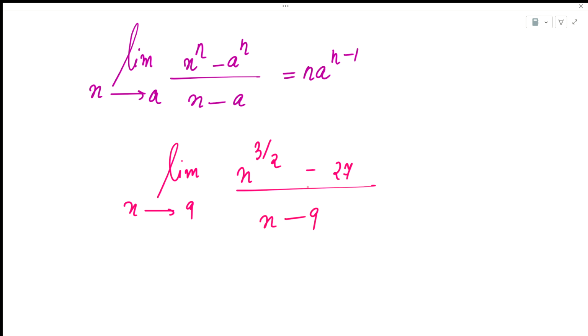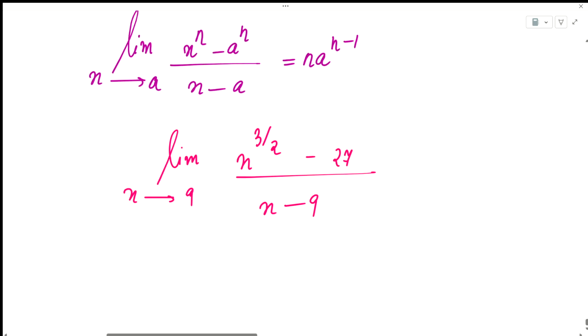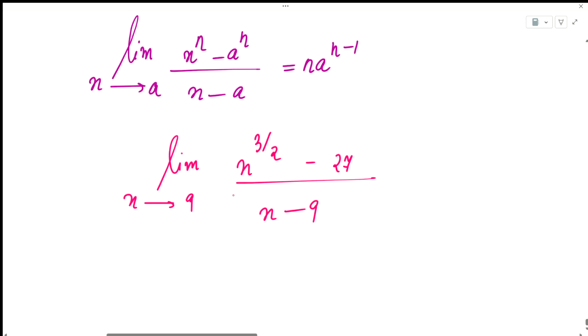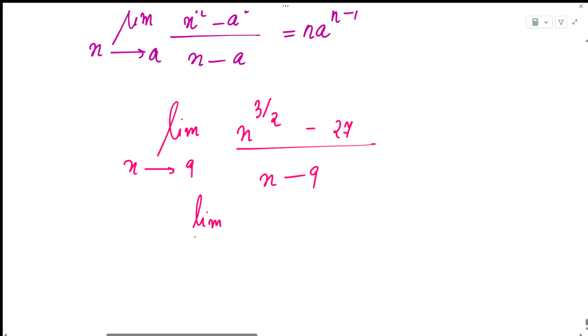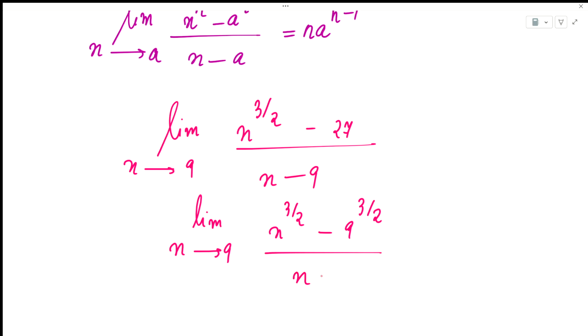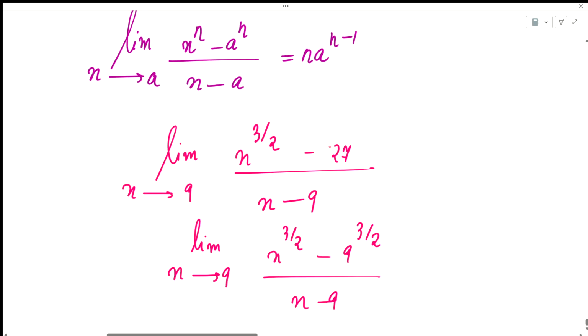So if you compare it with the formula, even if you don't know what 27 is in terms of 3 by 2, you can simply see we have x minus a on the bottom. Obviously 27 will have to be 9 to the power 3 upon 2, right? So this is x to the power 3 by 2 minus 9 to the power 3 by 2. Because 9 can be written as 3 square, and 2 cancels, 3 cube gives me 27, right? If you apply the formula, in place of n I have 3 upon 2.